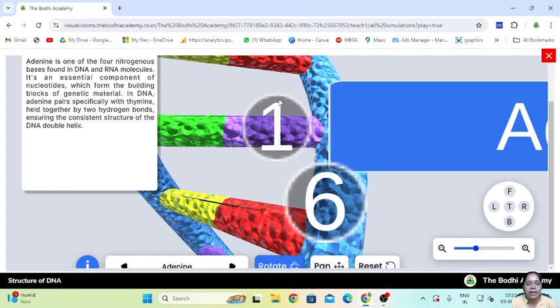In DNA, adenine pairs specifically with thymine, held together by two hydrogen bonds, which ensures the consistent structure of the DNA double helix. So adenine is always paired with the second base, that is thymine. This forms the helix structure of the DNA.